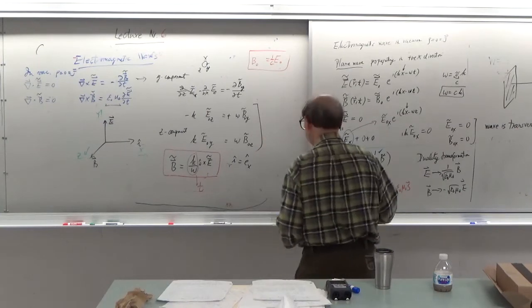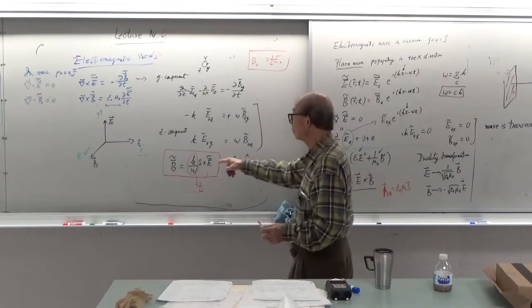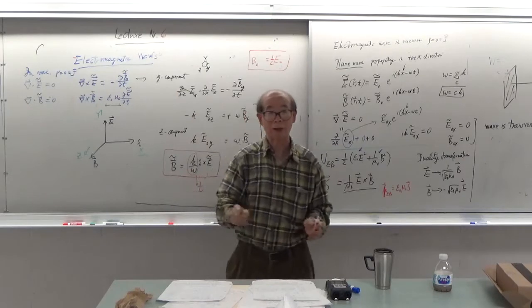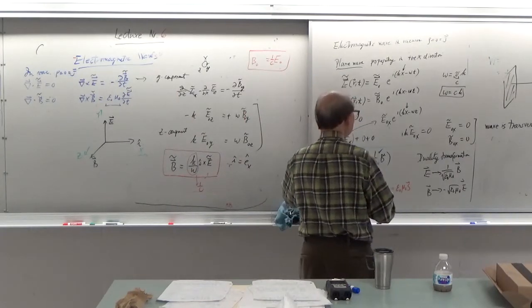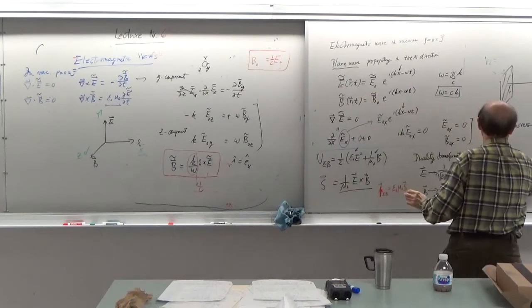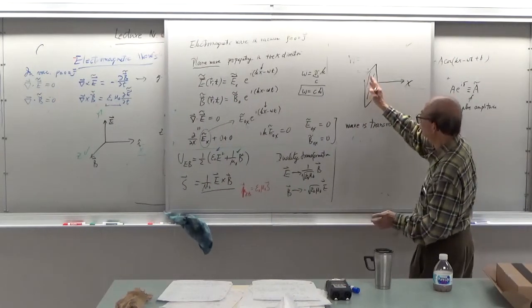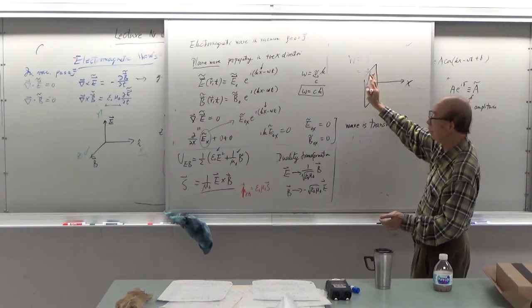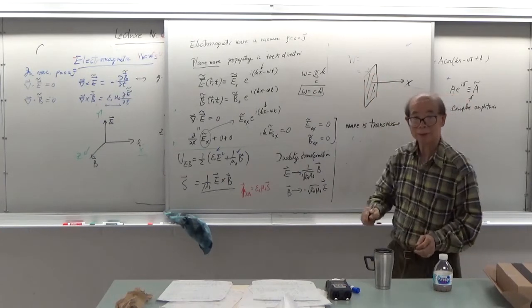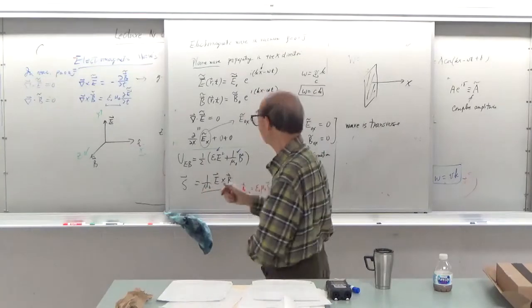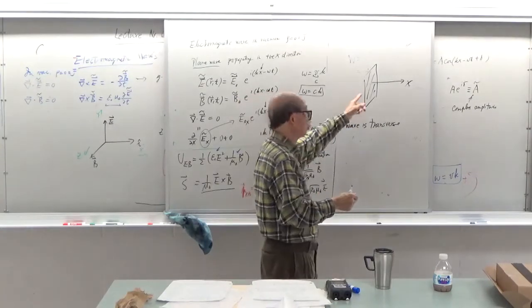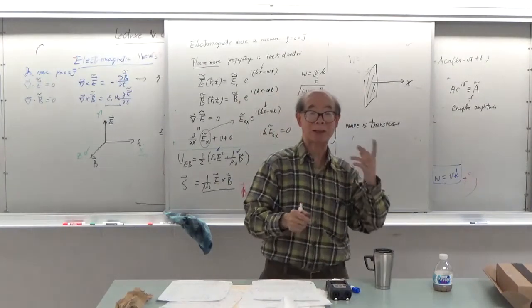Okay, so I was saying that the electromagnetic wave traveling in vacuum is a transverse wave, so it can only be non-zero in a plane perpendicular to x. In a plane there are two independent directions, so there are two possible polarization states.